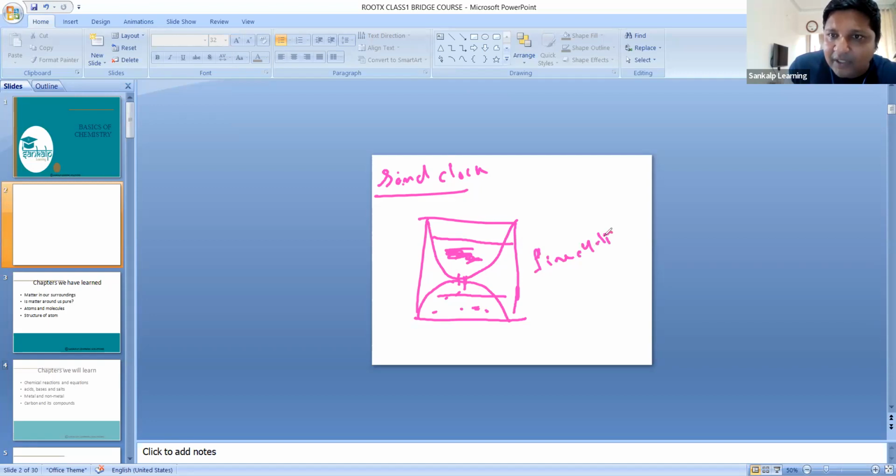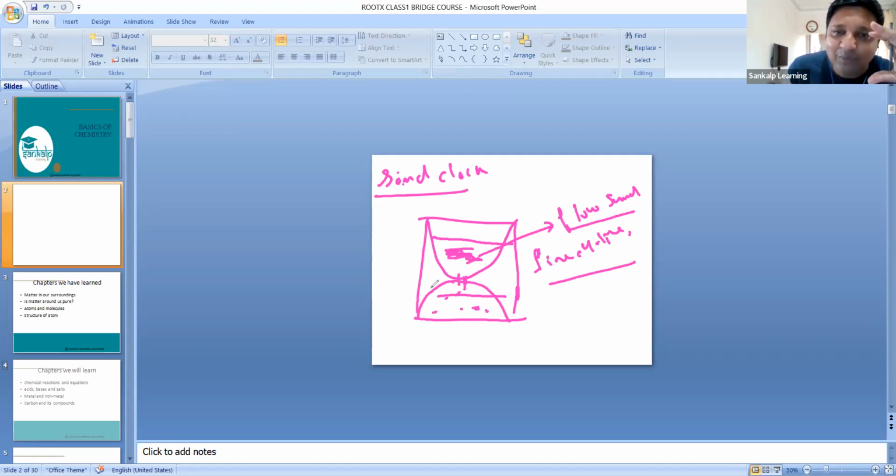See, compared to the flow of water, the flow of sand can be easily monitored. And one more thing is that a person is not required to constantly see whether the sand is flowing or not.